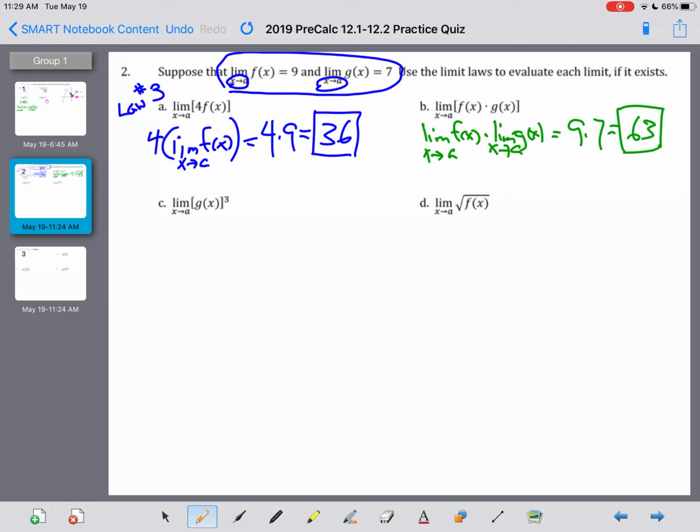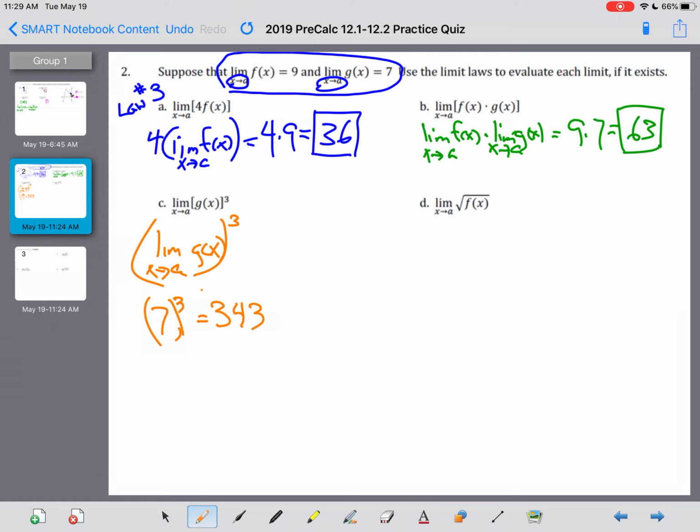The second to last one here, we're going to do the limit of a power. So this is really going to be the limit as x approaches a of g of x, and then all raised to the 3rd power. So that's going to be 7 raised to the 3rd, which I believe is 343. Let me just check that. 7 times 7 times 7.